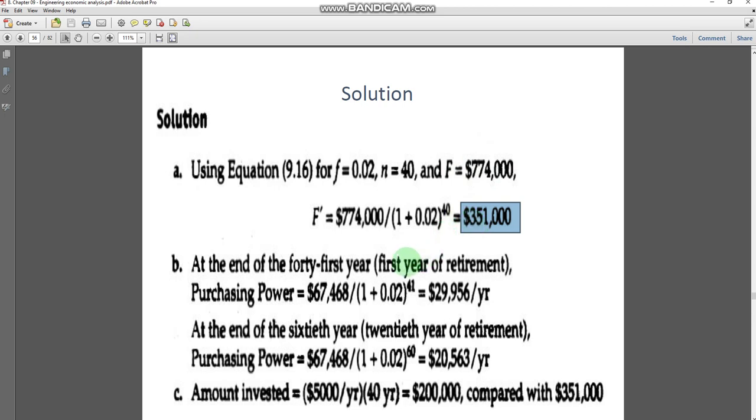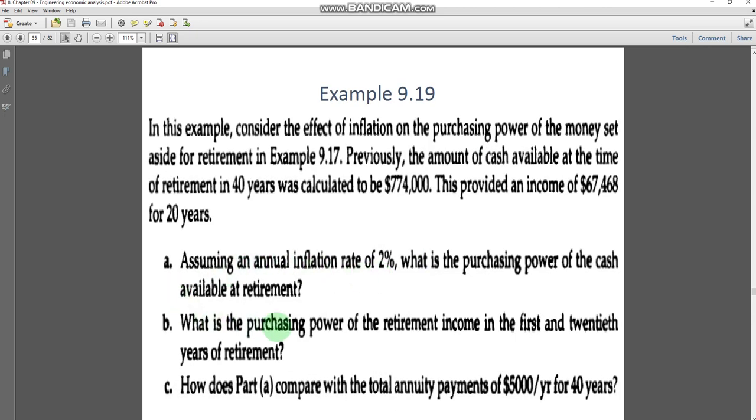Now for the second part: what is the purchasing power of the retirement income in the first and the 20th year of the retirement? Now we have to calculate the purchasing power of the retirement income in the first and the 20th years. The first year represents the 41st year, and the 20th year represents the 60th year after the retirement.